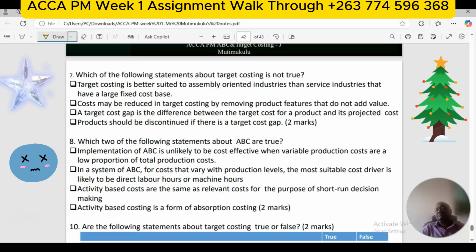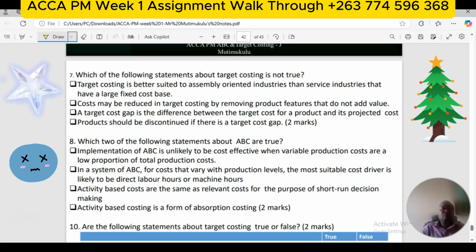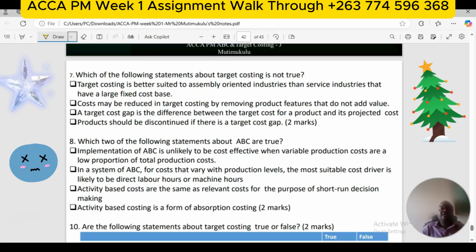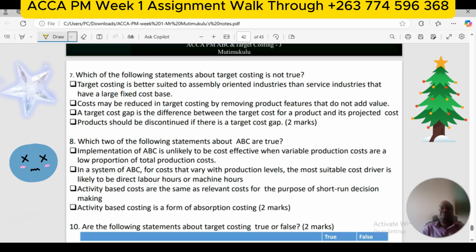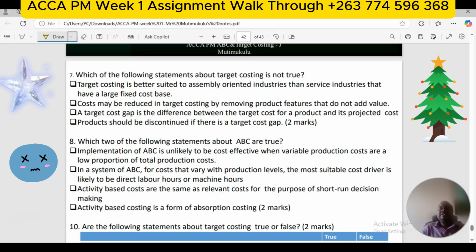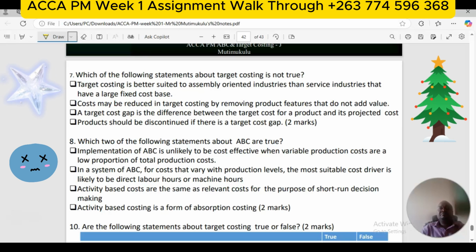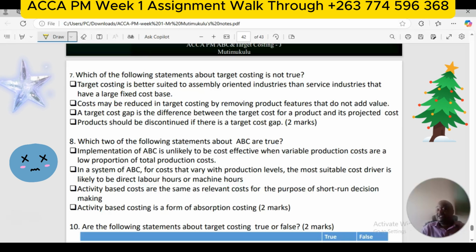Well, this could be true. Okay, this could be true because normally we know our margin.